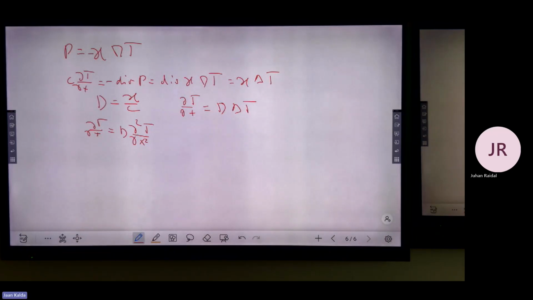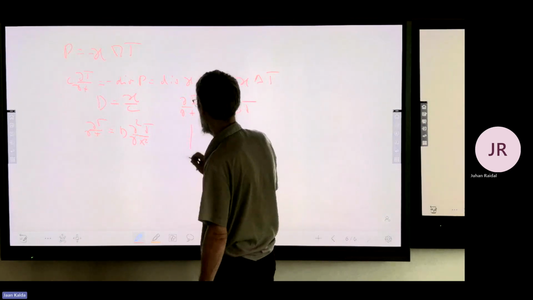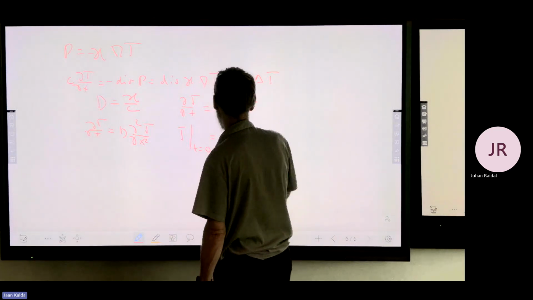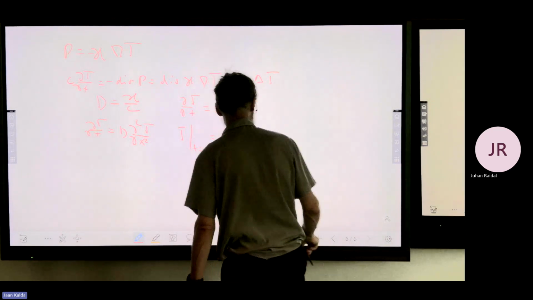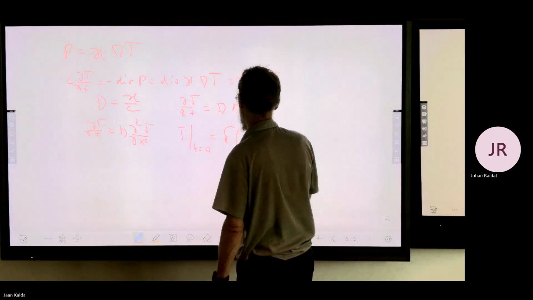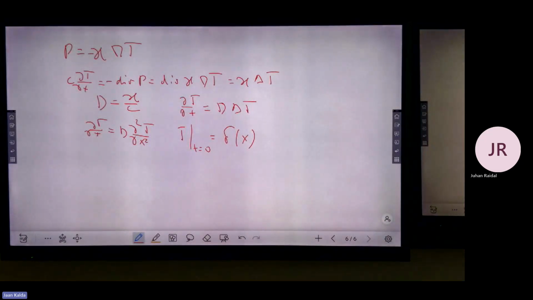So we would like to find here the solution for the condition that T at time equal to 0 equals the Dirac delta function of x. And now, guys, tell me how can I find this Green function?